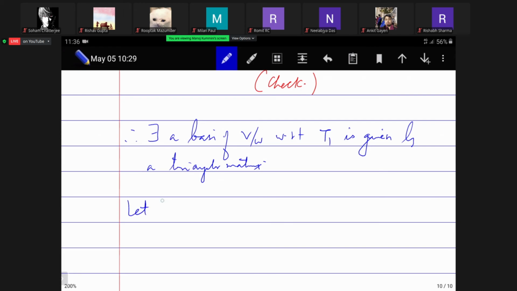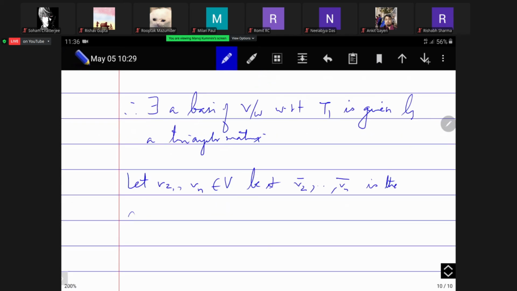So I want V2 through Vn inside V to be such that V2 bar up to Vn bar is this basis of V mod W.